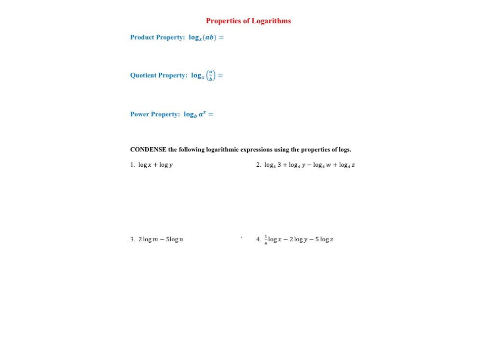Now we're going to move on and look at some of the properties of logarithms. Now, we know that exponential equations and logarithmic equations are inverses of each other. And because of that, they have some similar properties. So by definition, the log base x of the product AB, and I'm using x as a base, because why not, is equal to log base x of A plus log base x of B. So each of those terms in the argument is given its own log.